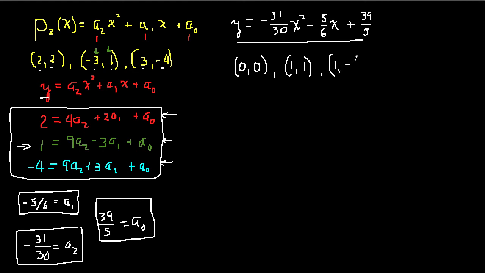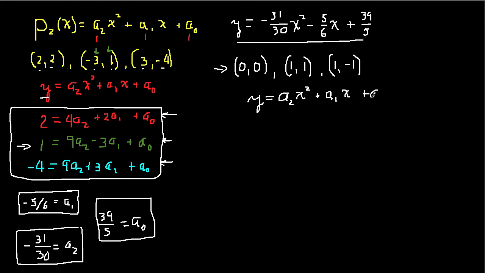There is no parabola that goes through those 3 points. Well, how do I know? Well, let's see if we can find an A0, A1, and A2 that will go through all 3 points. Let me quickly go through that. I have y equal to A2 x squared plus A1x plus A0.